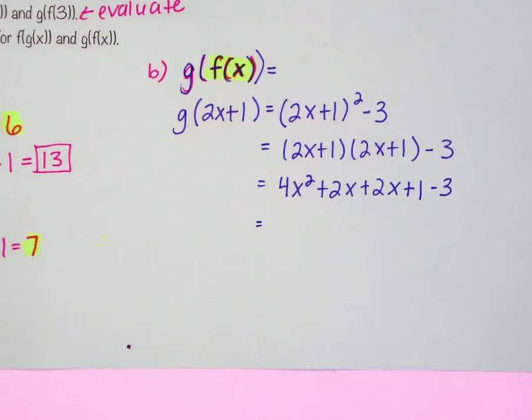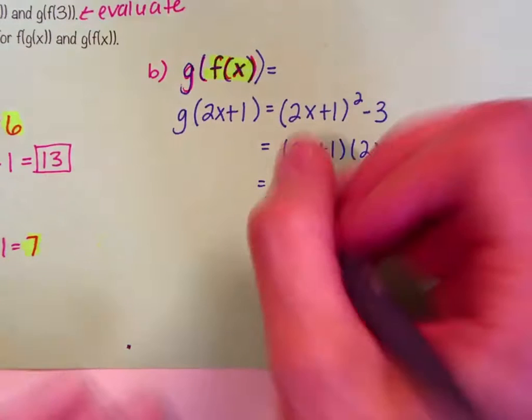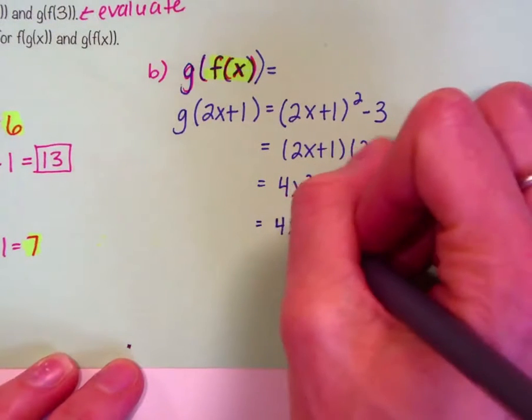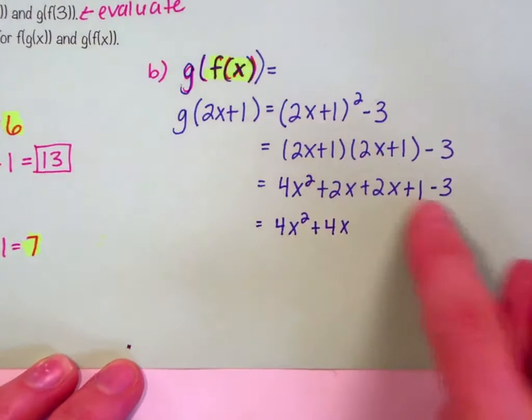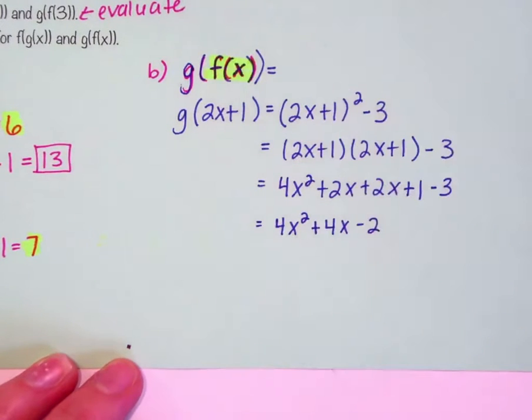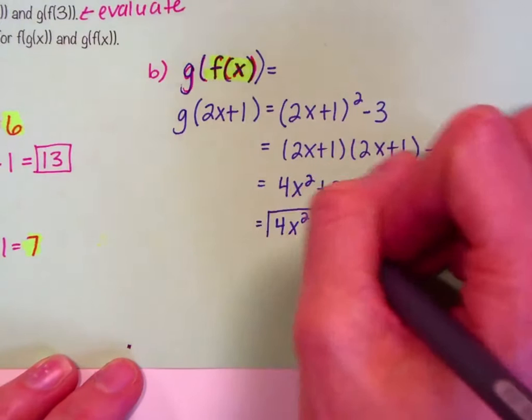So after I combine like terms, my final formula would be 4x squared plus 4x minus 2. I can combine the x's and I can combine the constants.